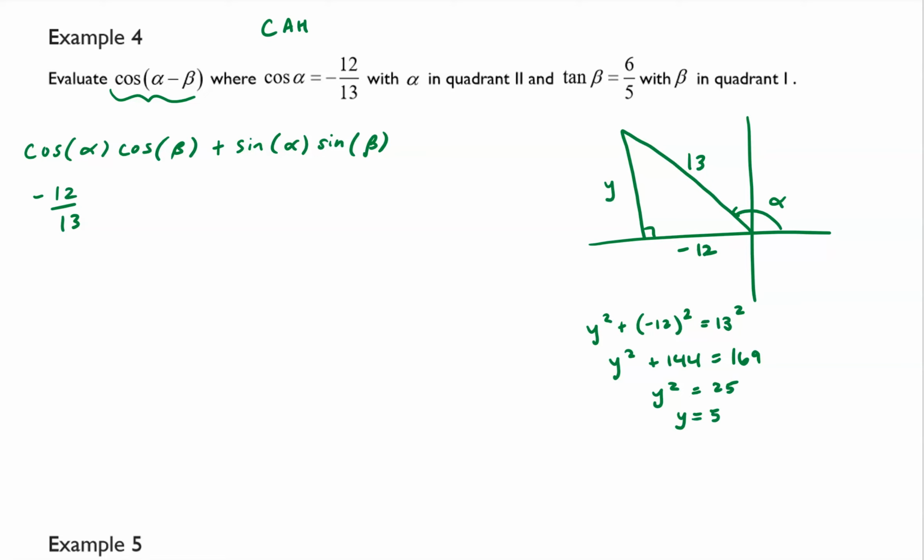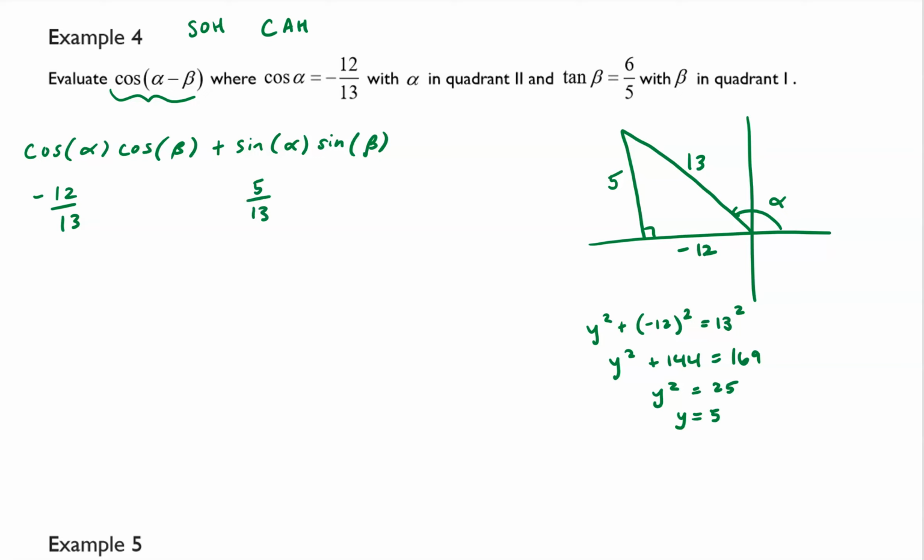So we find that y is equal to 5. And now that's going to help us because we need to find sine of alpha, which is opposite over hypotenuse. So that is going to be 5 over 13.